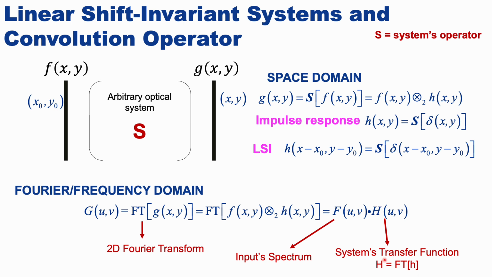The transfer function tells you which frequencies of your input, and how those frequencies, are transferred from your input plane to your output plane. So it's completely another representation of the same problem.